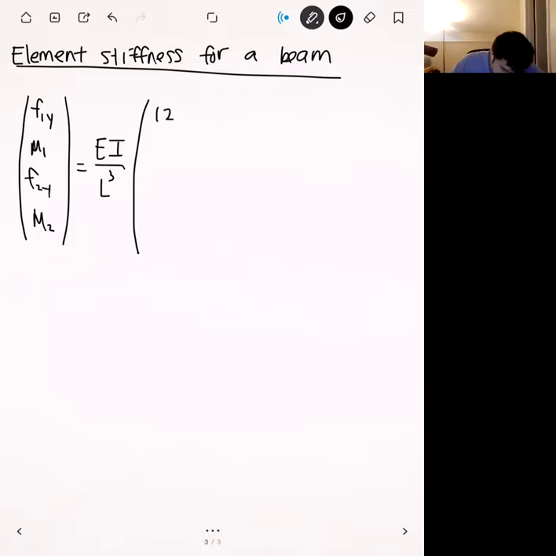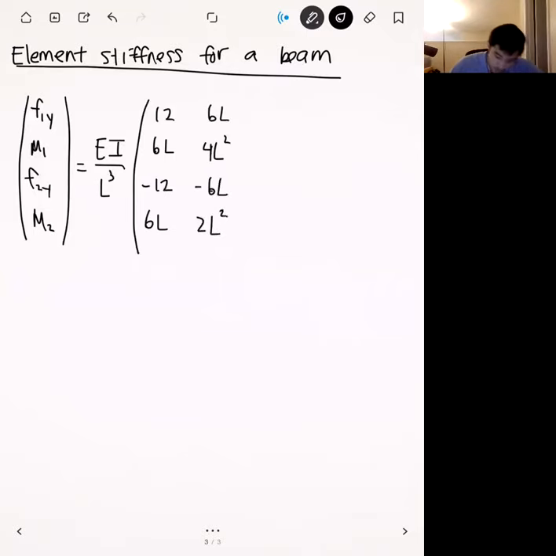So we start with 12, 6L, minus 12, 6L. 6L, 4L squared, minus 6L, 2L squared.